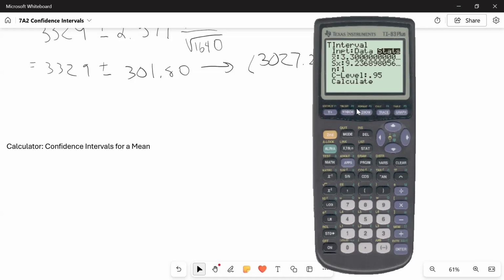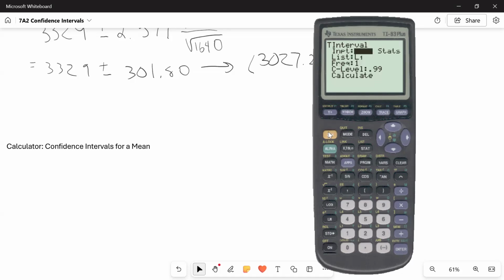And then we put in the sample mean, which was 3329. We put in the sample standard deviation, which was 4739. And then we put in the sample size, which was 1640. And then we put in the confidence level, which was 99%, so 0.99. Okay. Now, if you did not have the summary statistics, if you actually had the raw data, you would highlight data here and have entered it.